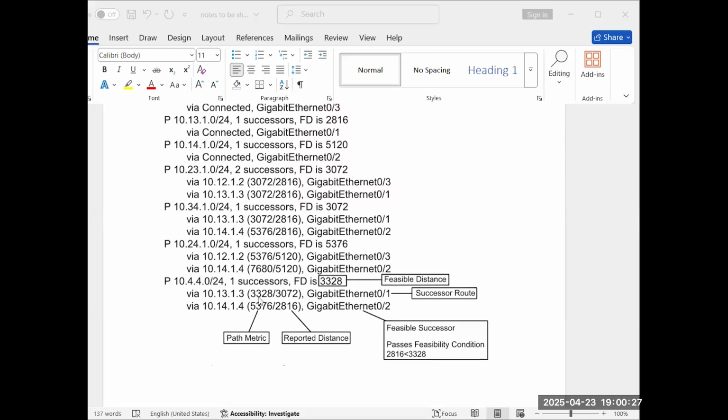Calculating the metric and selecting the successor and feasible successor is automatic, EIGRP does it by itself. But load balancing the traffic is the manual part. A network administrator has to manually calculate this variance value and load balance.